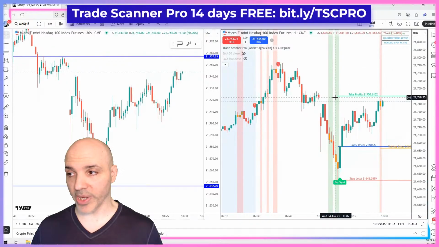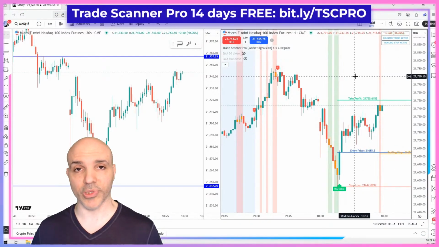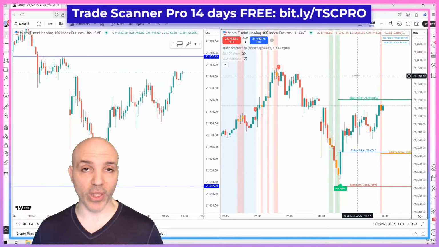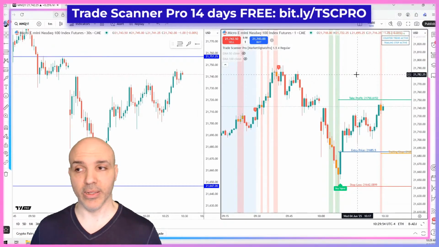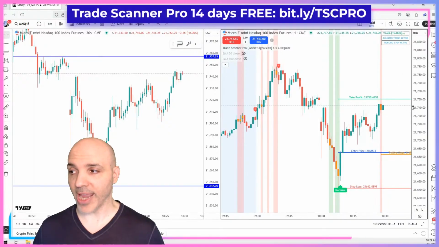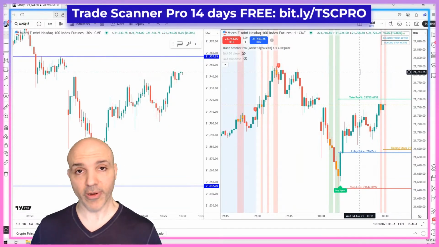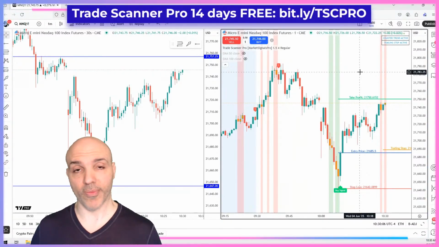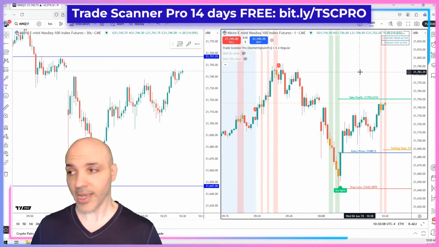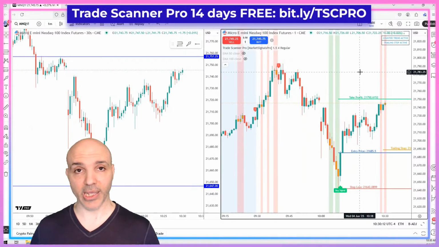Even though I had my one winning trade, those 2 losing trades would have cost me $200, assuming we only had one micro lot on each trade. So this trade only would have made me some money back. I'd still be negative. So the filter is still better because I'm at 0. I'm not at minus 80. I'm at 0. 0 is better than minus 80. I think we can all agree.